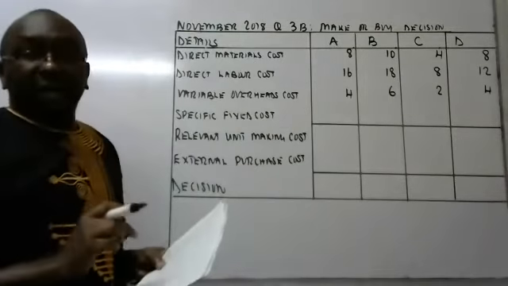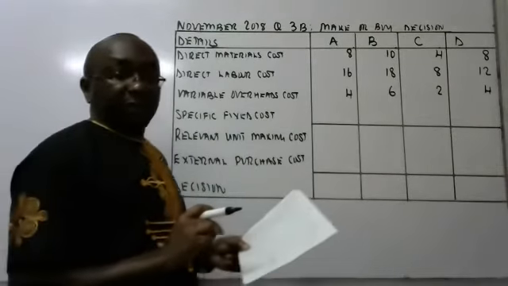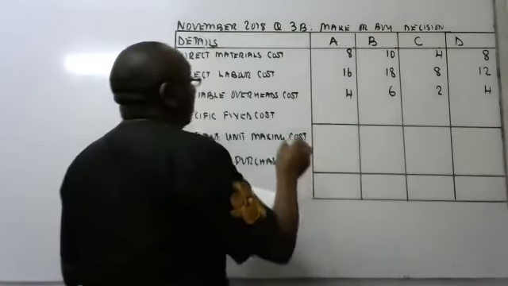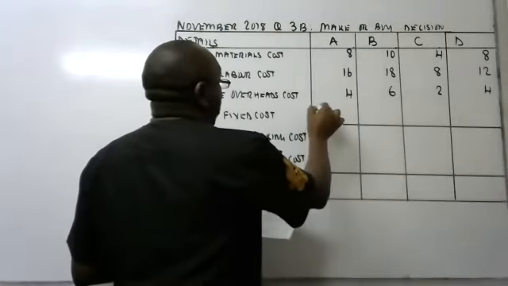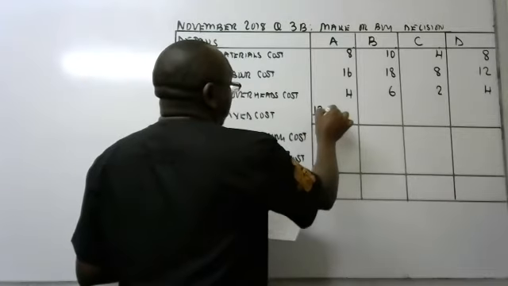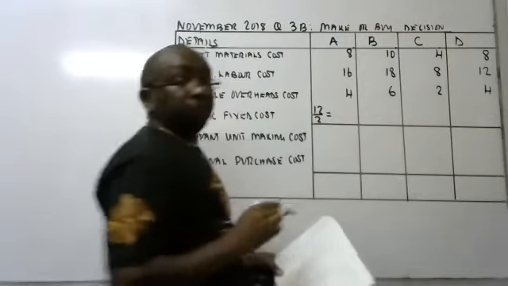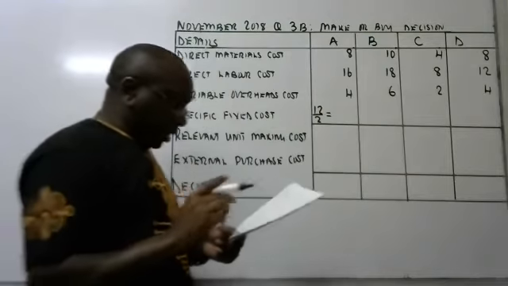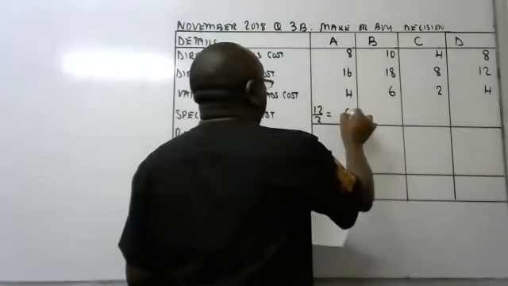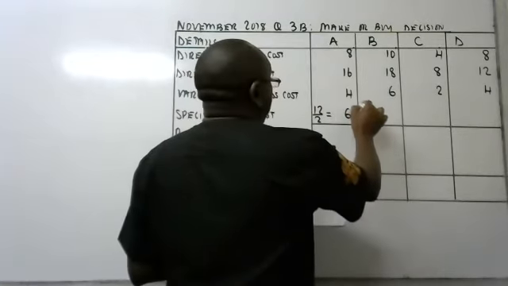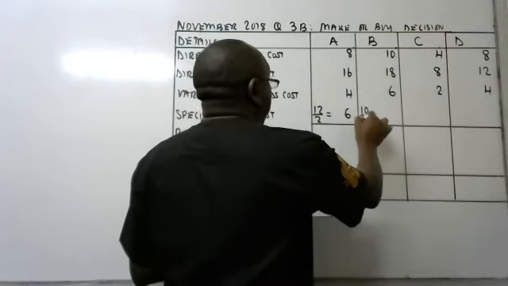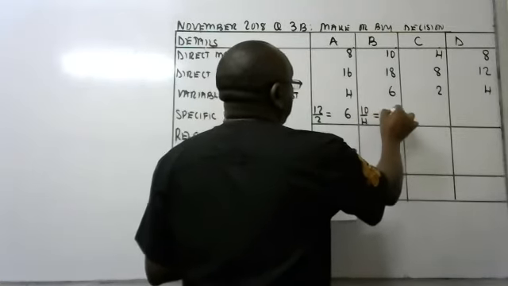Now for the specific overheads, because they are given in totals, you shall divide. Like now, the first one, it will be 12,000, you divide by 2, the number of units that are given up there. So 12 divided by 2, that gives us 6. This other one will be 10, you divide by 4, and that gives us 2.5.